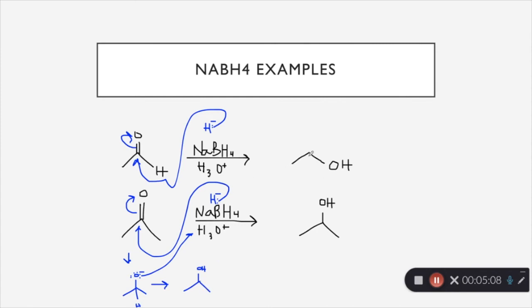And the reason that if you use NaBH4 on an aldehyde, it will produce a primary alcohol is because this other thing right here is a hydrogen, and it just doesn't show up. Over here on the ketone, this other thing coming off of it is going to be an R group, and so that's what makes it secondary instead of primary.